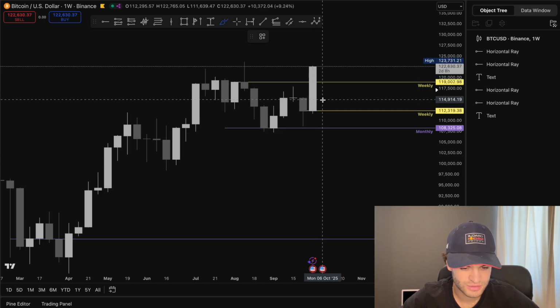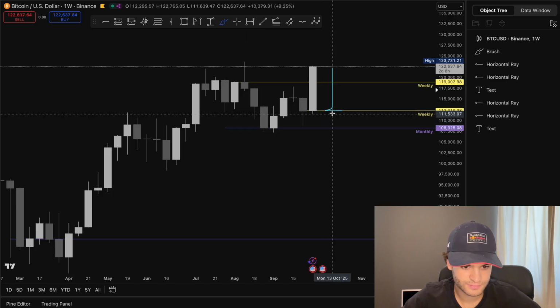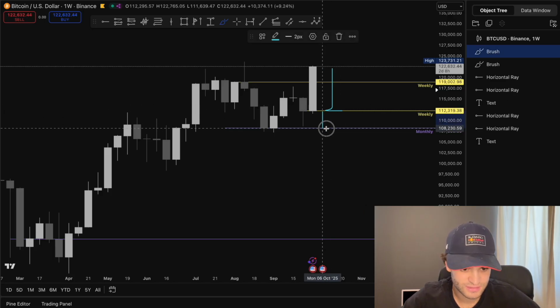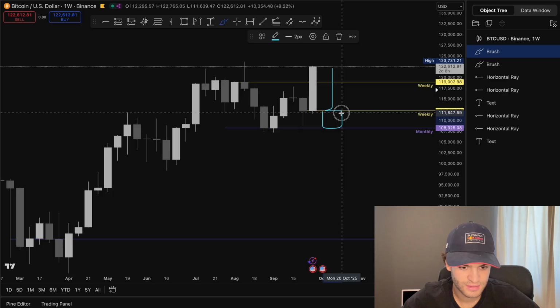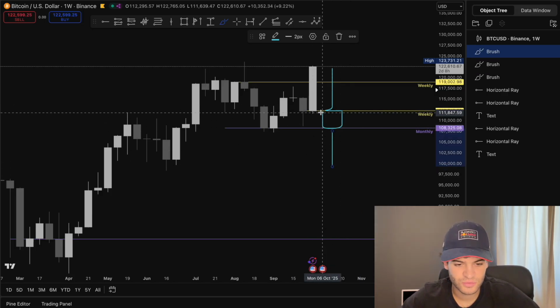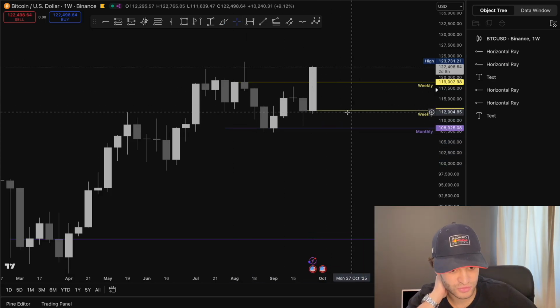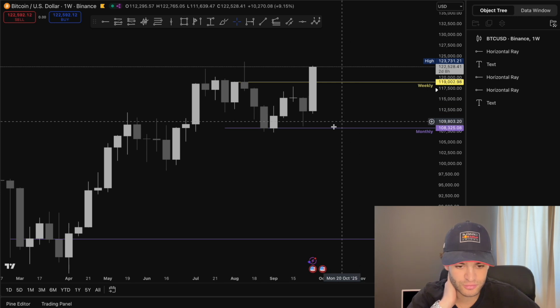It will look something like a wick with the open here, right? And then if it closes at the monthly, it would look like this, another red candle, right? So this wouldn't be a weekly level. So yeah, little tip, wait for candles to close before marking out your levels.